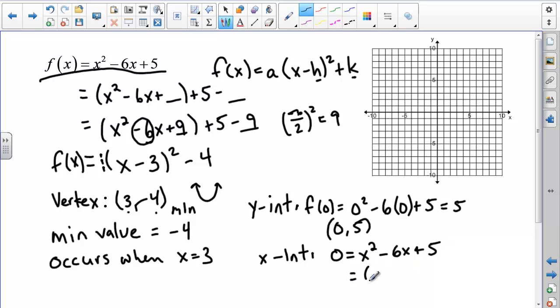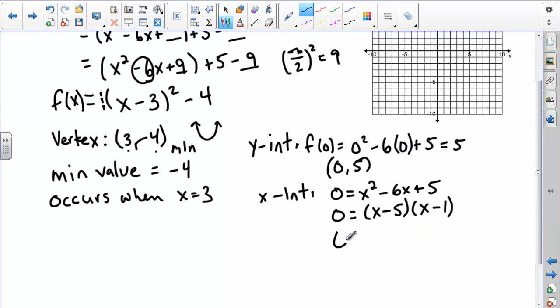If I factor this, I get (x minus 5)(x minus 1) equal to 0. And then I set those each equal to 0. So 0 equals x minus 5 and 0 equals x minus 1. And solving for x, I get x equals 5 and x equals 1.